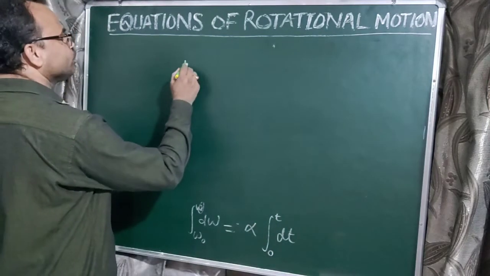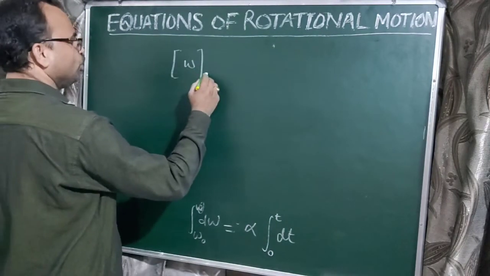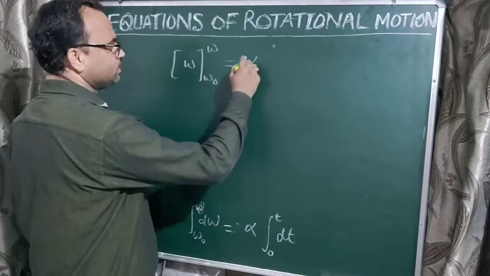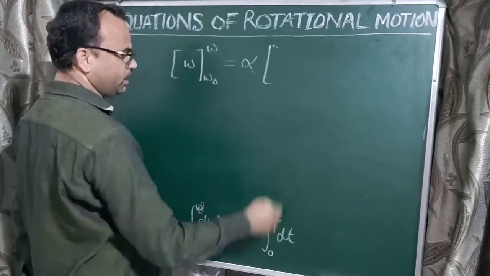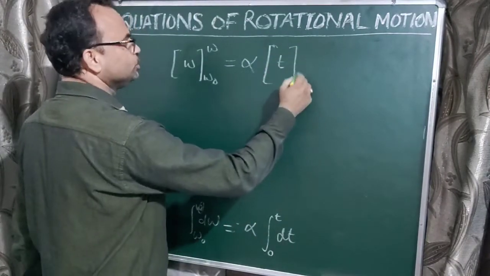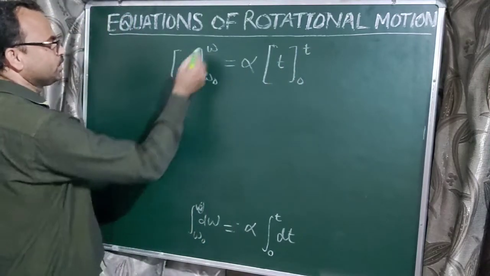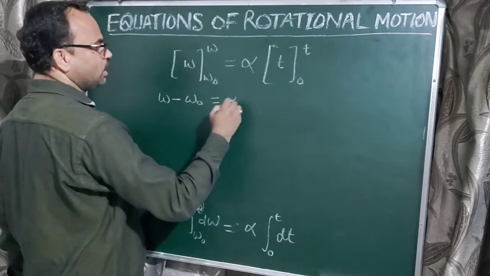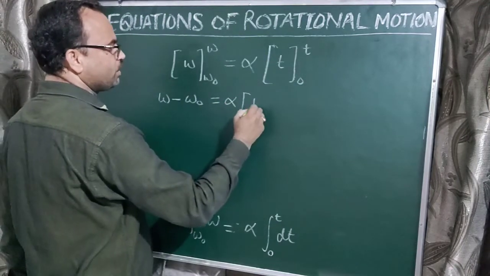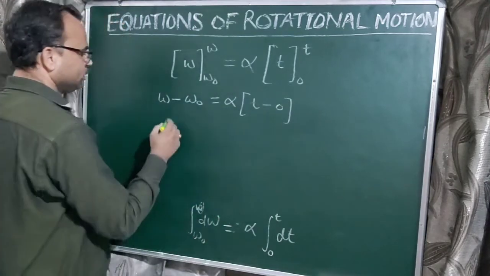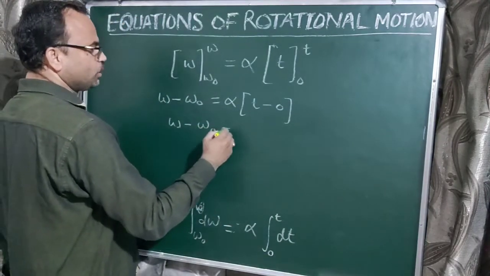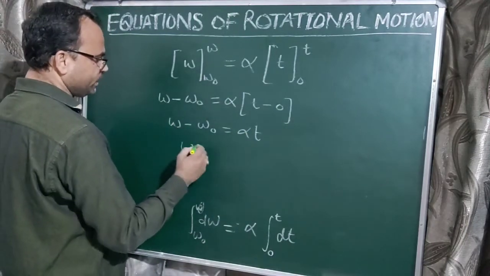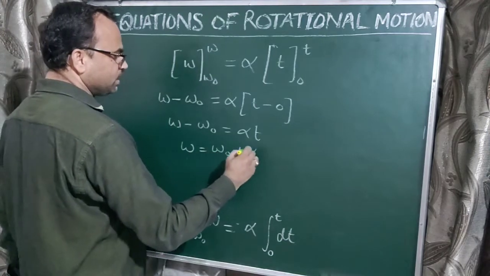The integral of d omega is omega, and the integral of dt is t. Substituting the limits, upper limit minus lower limit, omega minus omega naught equal to alpha t. Now transferring omega naught to the right side, we get omega equal to omega naught plus alpha t.